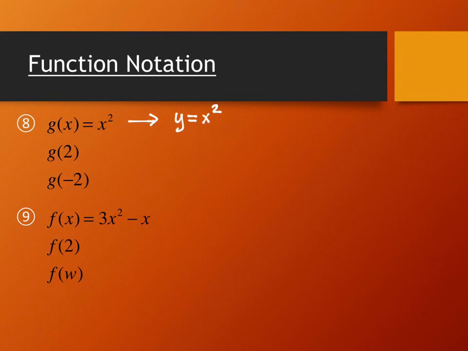Okay, so you're like, well, then why have that notation? Well, it has some really nice features that y doesn't, and that's why. So the first thing I want you to understand is that those parentheses do not mean multiply. This is not g times x. Parentheses are probably the worst convention of mathematics because we use it for multiplication, we use them for grouping symbols, we use them for intervals, and we use them for function notation. That's ridiculous.